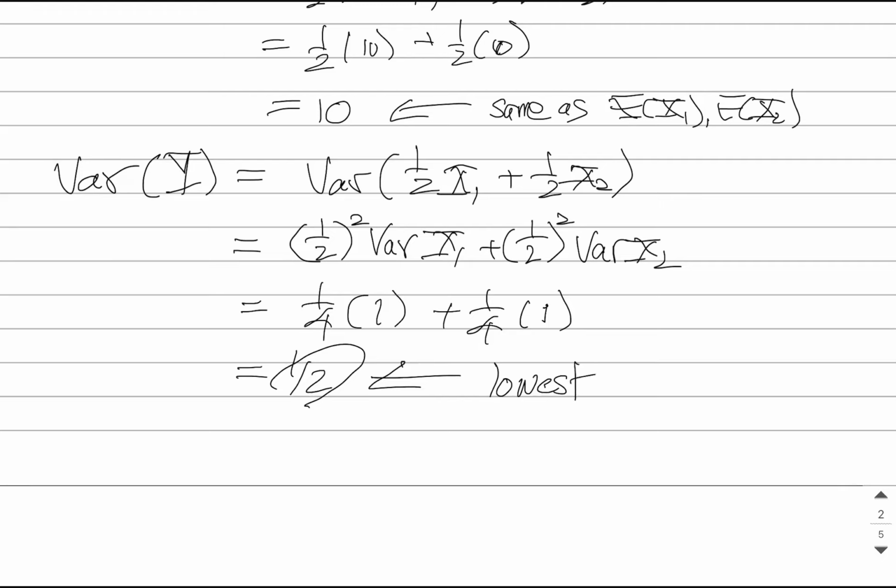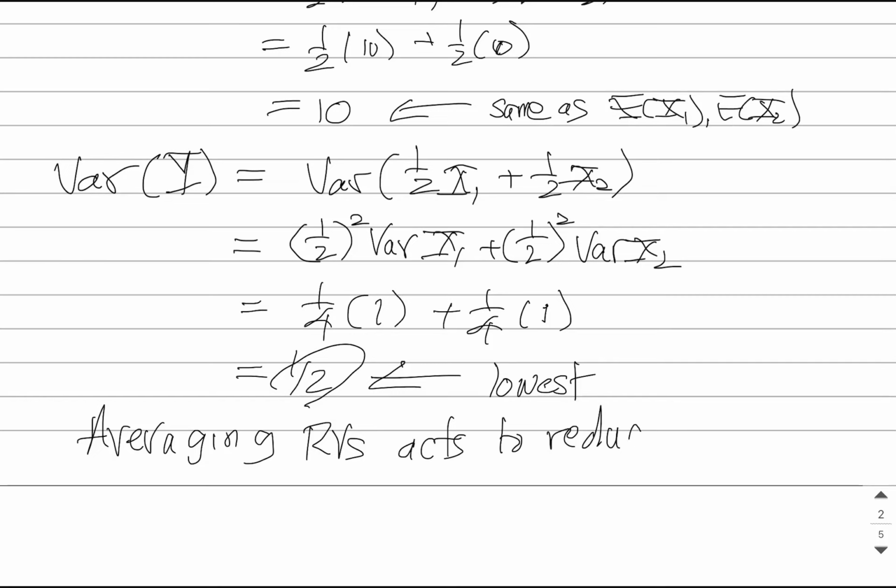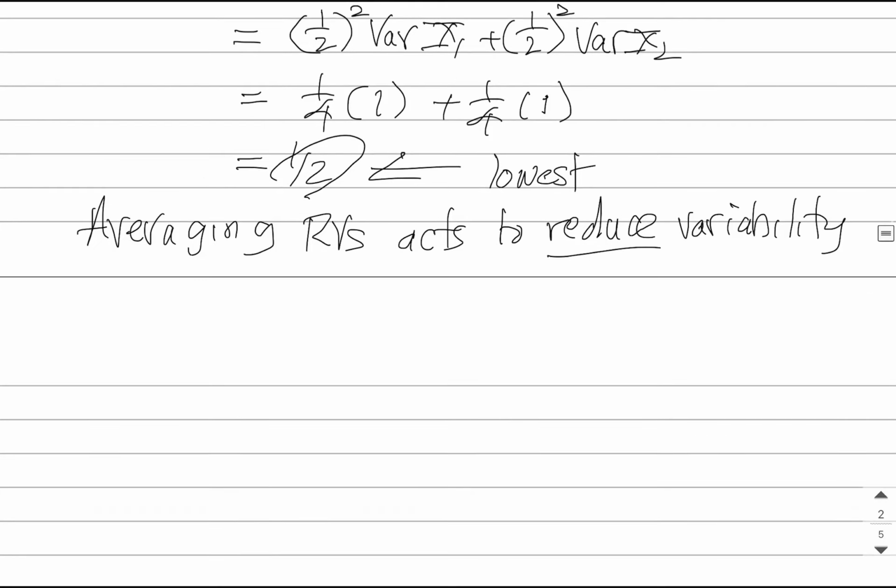So it turns out that averaging random variables acts to reduce variability. So in some way, the process of averaging things mathematically reduces the variance, but otherwise, it preserves the expected value. And it's going to turn out that we will take advantage of that.